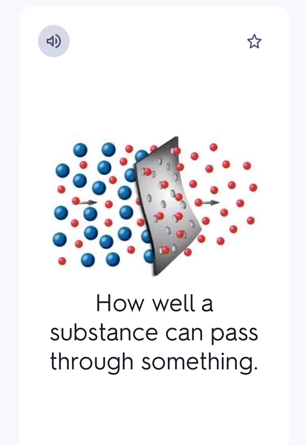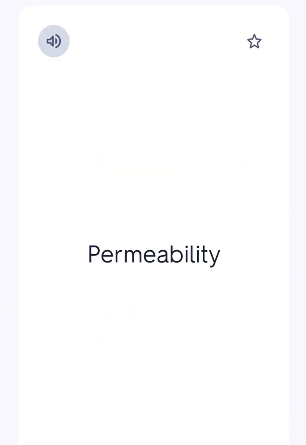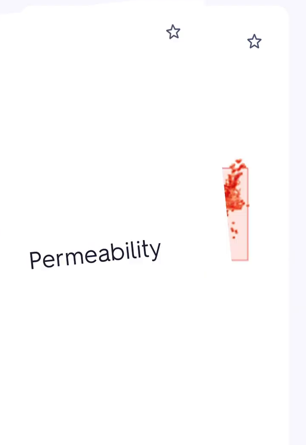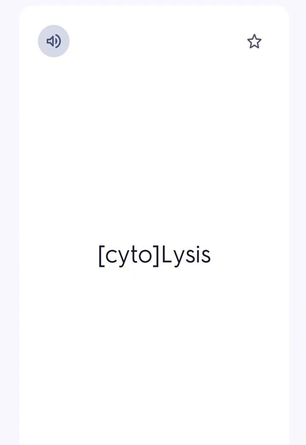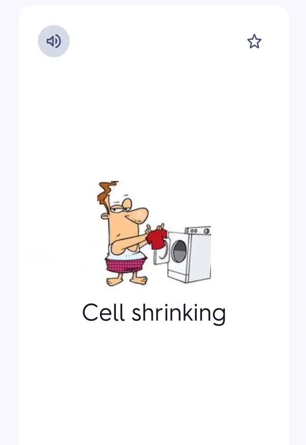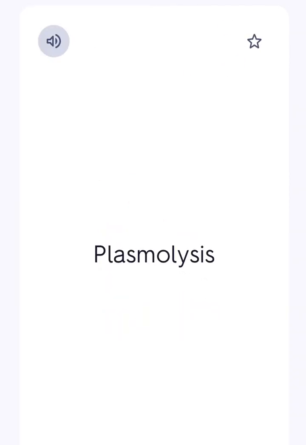How well a substance can pass through something: permeability. Cell bursting: cytolysis. Cell shrinking: plasmolysis.